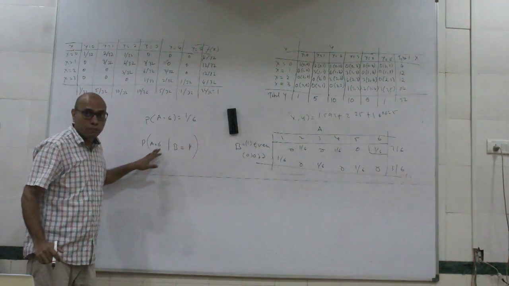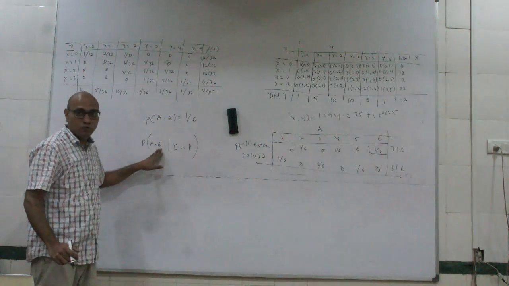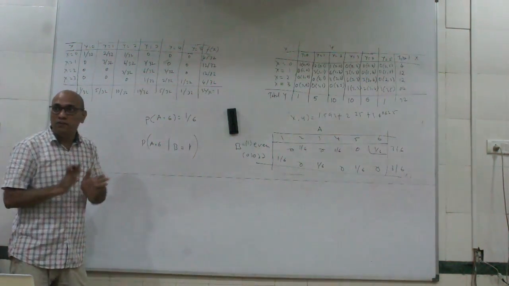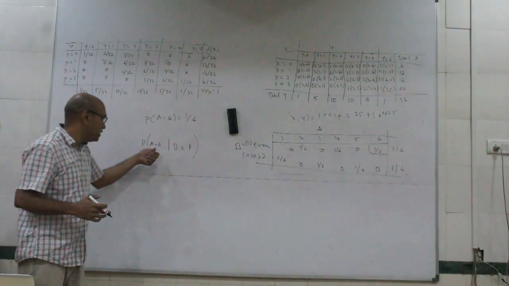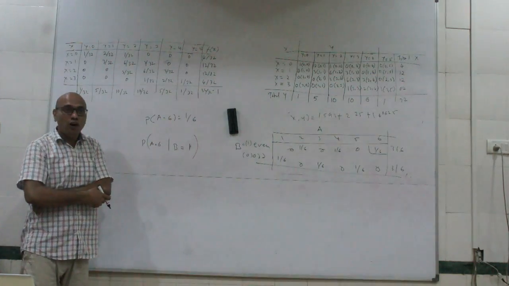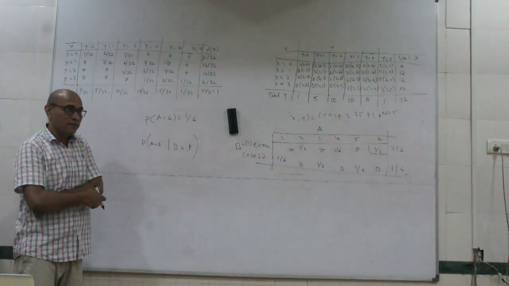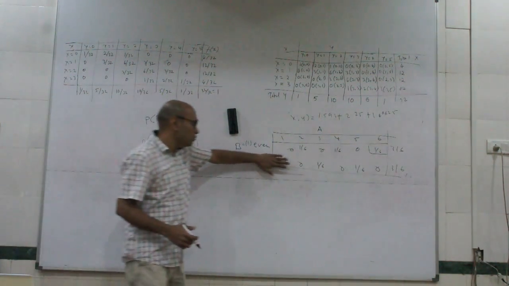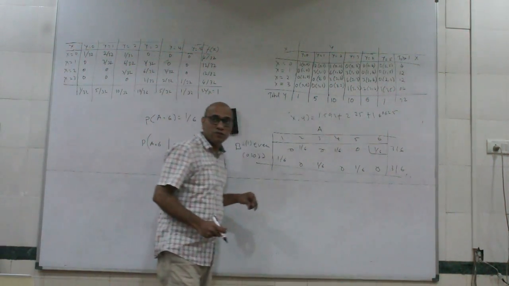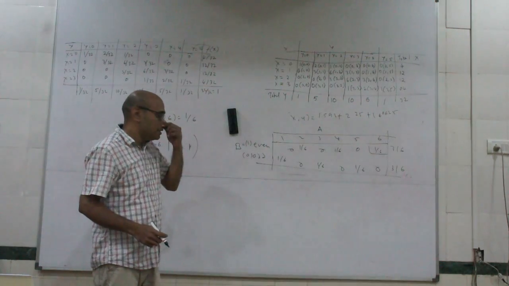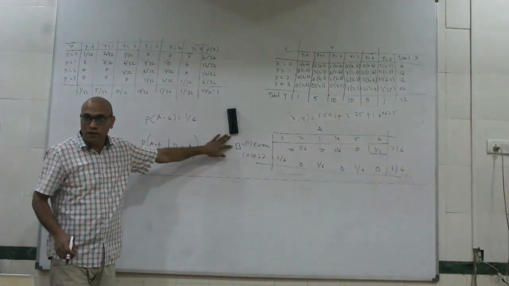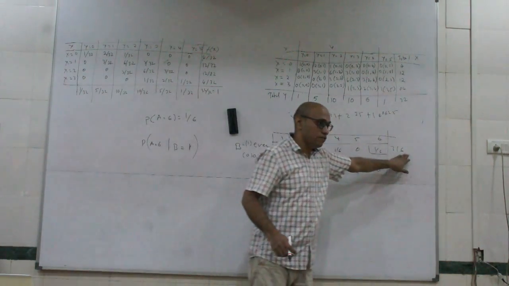Given that B is 1, what is the probability that A will take a value 6? And it is not 1 by 6, because now we are not looking at these outcomes. The chance that odd outcomes would occur is 3 by 6.